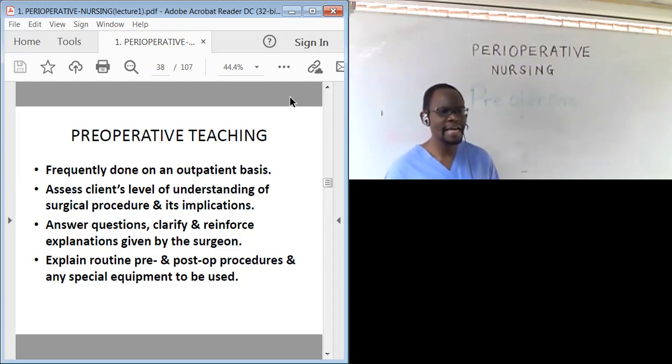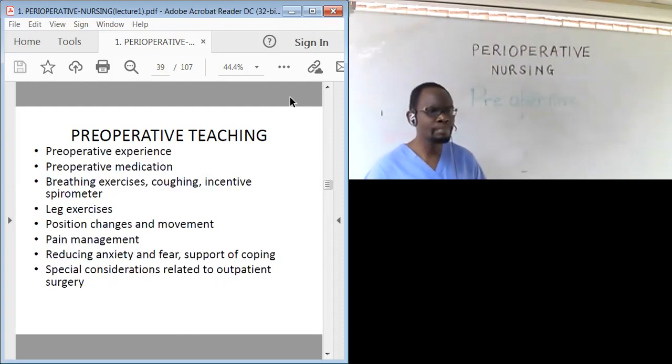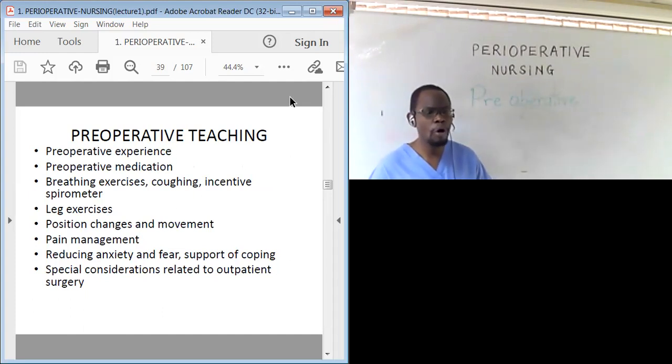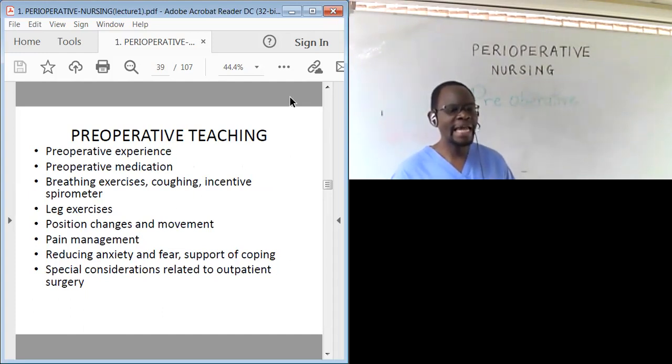But not only that. You can also talk about the preoperative experience. The preoperative medications. What are some of the medications that are going to be given to the patient before operation? Any kind of breathing exercises, especially if the patient is to be operated on the abdomen.